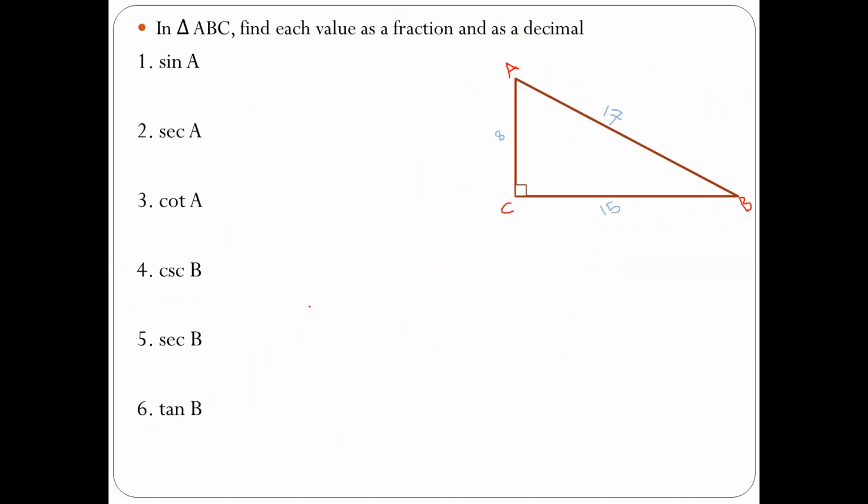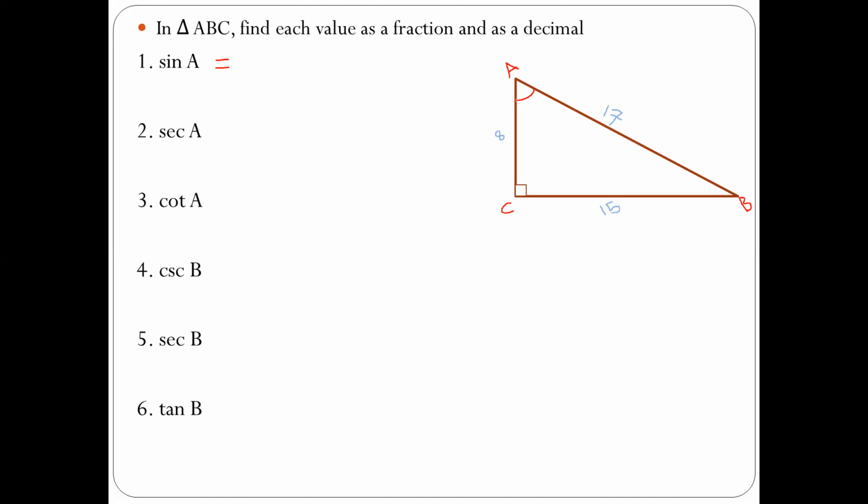Now let's have an example. If you have this triangle ABC, and C is a right angle, where AC is 8 units, CB is 15, and AB, which is the longest one, is 17. Find sine A. Here, this is angle A. Sine is opposite over hypotenuse.